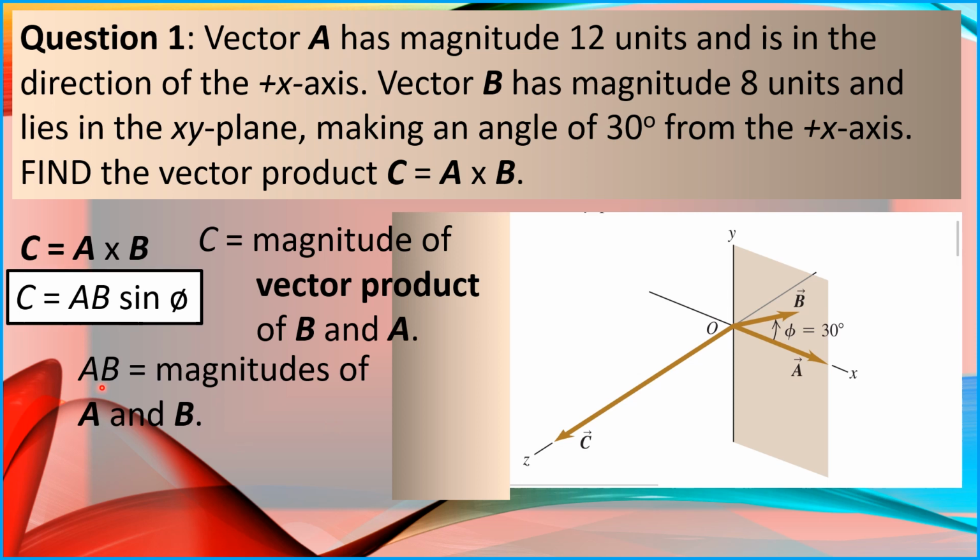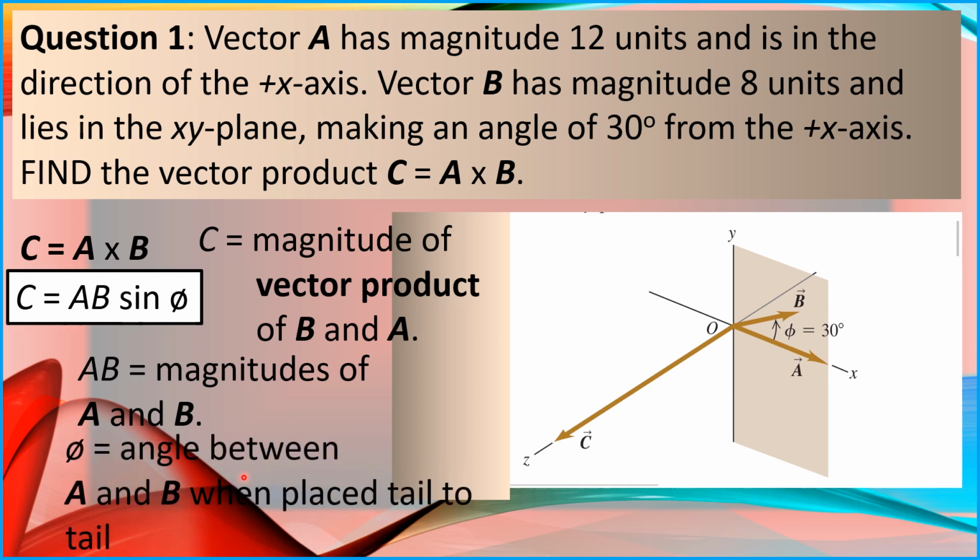A and B are the magnitudes of the vectors A and B, and the Greek letter phi represents the angle between vectors A and B when placed tail to tail as shown in the diagram.